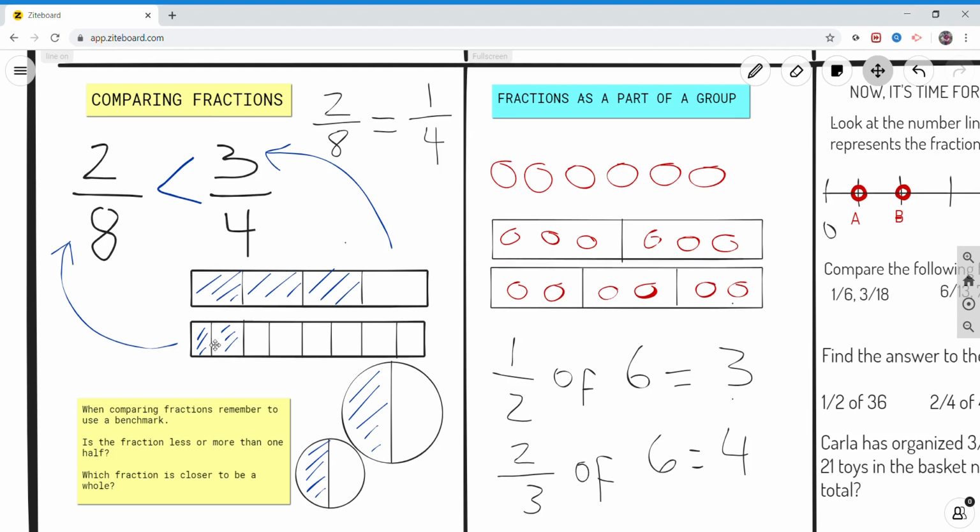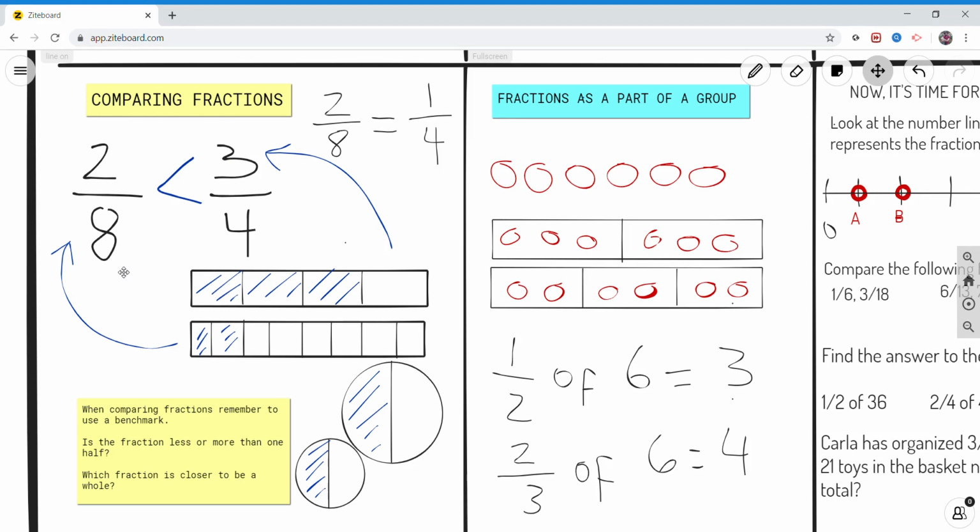Now, if you compare the two bars, it's easy to see that 3/4 is a greater quantity than 2/8. Then I can say 2/8 is less than 3/4. Or I can read it backwards and say 3/4 is greater than 2/8.